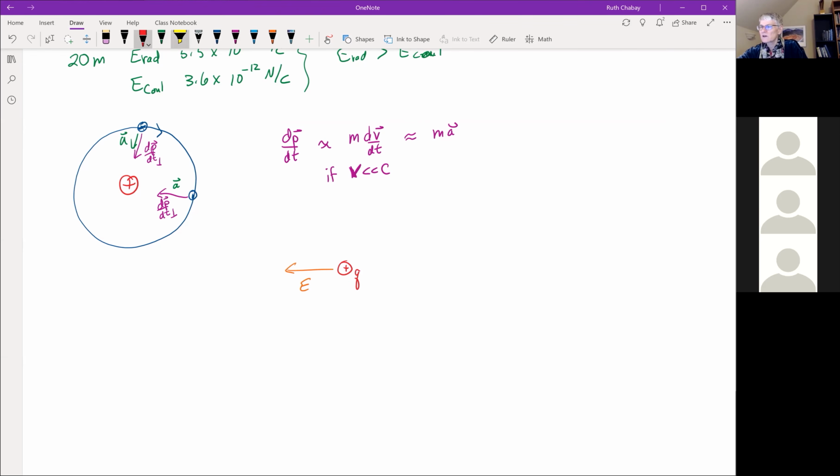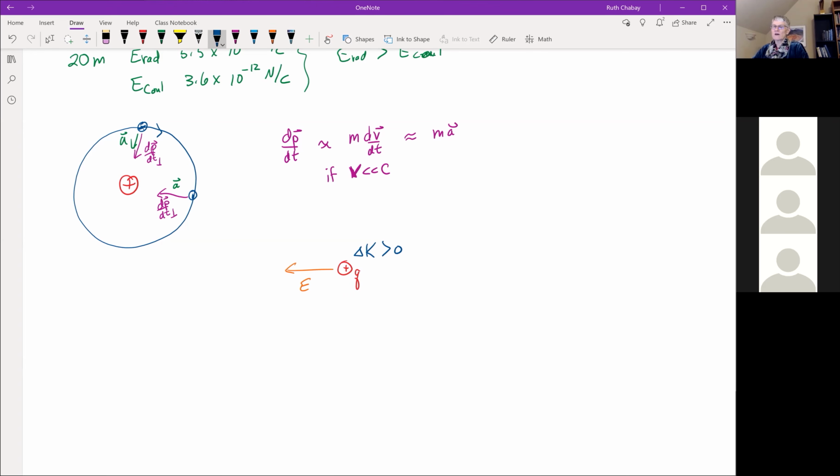So it gains kinetic energy. Where did that kinetic energy come from? It came from the field. So this charge in this orbit should be radiating electromagnetic fields carrying away energy and momentum, and therefore it should spiral down into the nucleus, losing energy and eventually just sit on top of the nucleus.